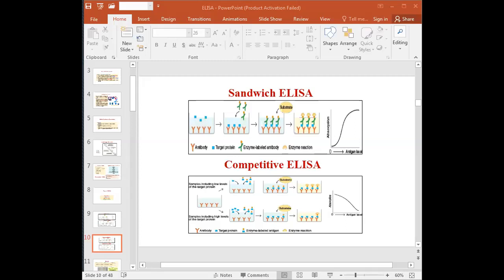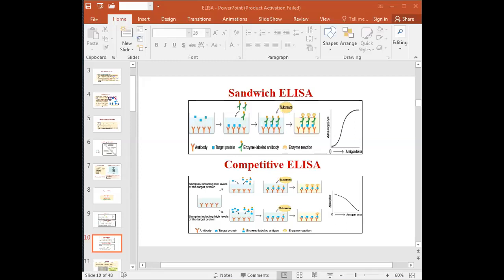One antigen is unknown to us, untagged, and one antigen has specificity towards the antibody and is tagged with an enzyme. A known concentration of the tagged antigen will be added to interact with the antibody along with the untagged unknown antigen.